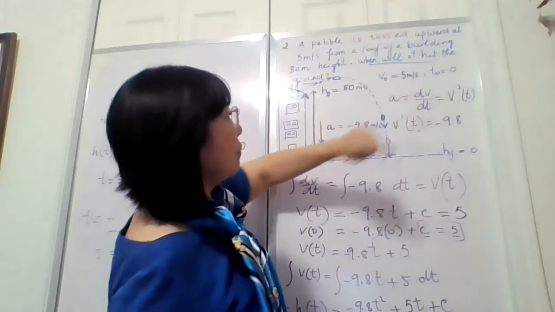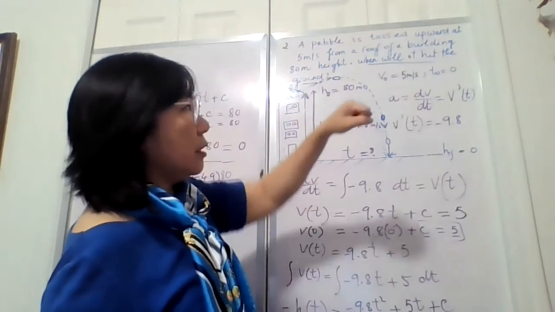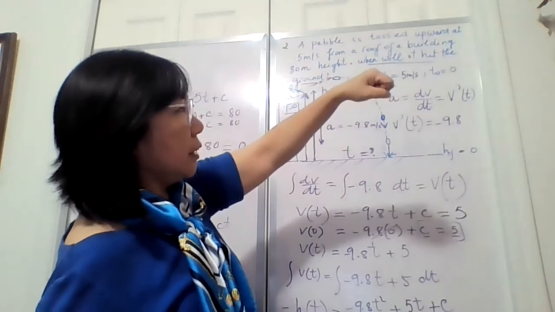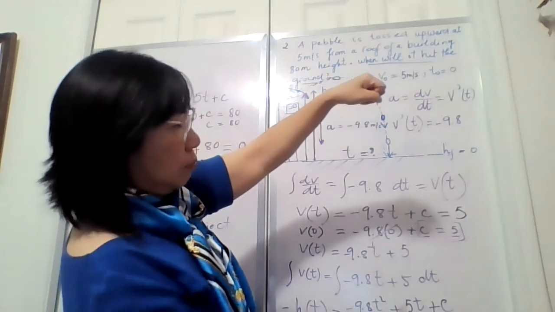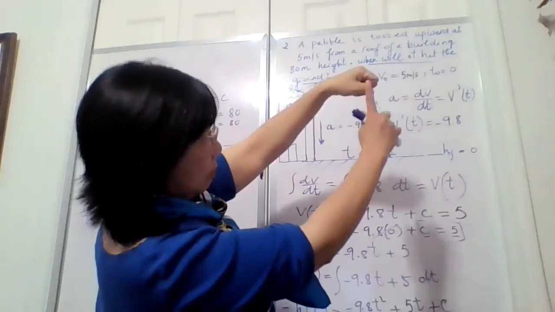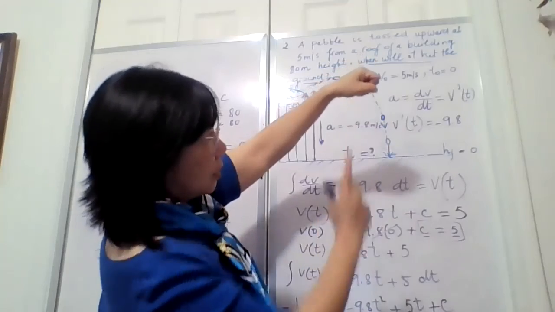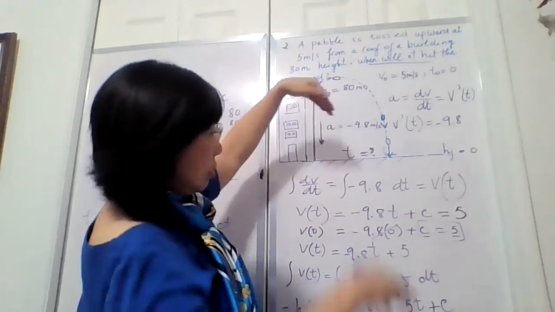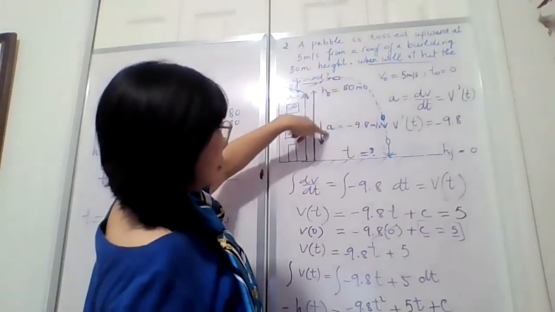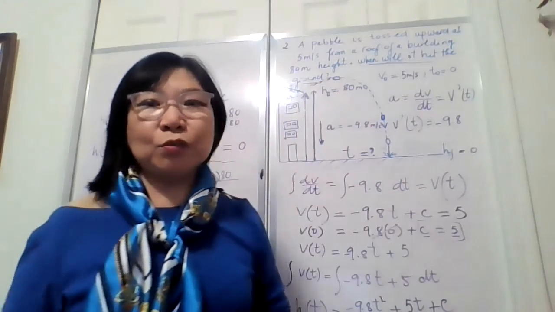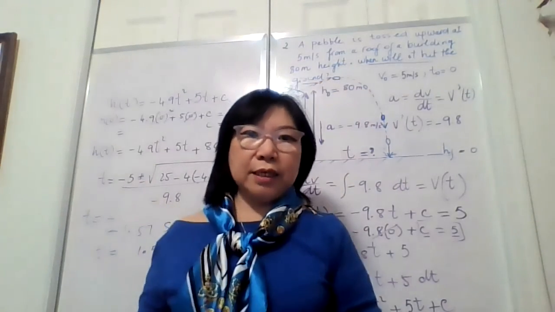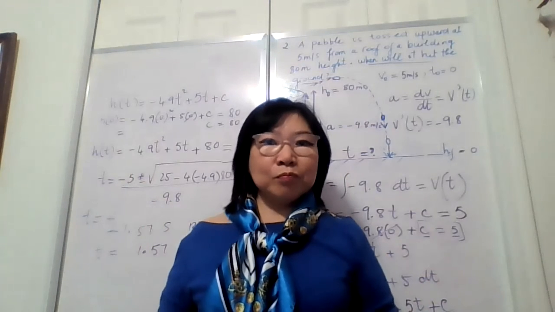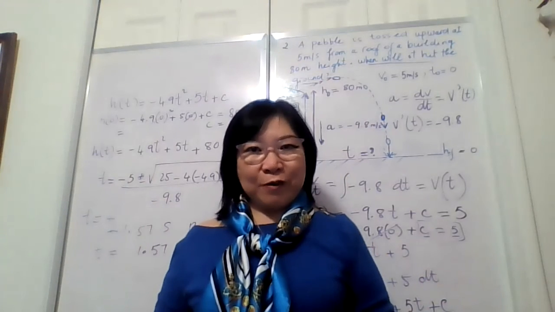So it's positive 5 meters per second, and the height, when the object is in the hand of the guy, is positive from the road up to here, 80 meters. We assign the direction as positive, right? And of course, the direction of the acceleration is downward. So that just requires a little bit of thinking at the beginning. Other than that, we just apply the antiderivative and so on.